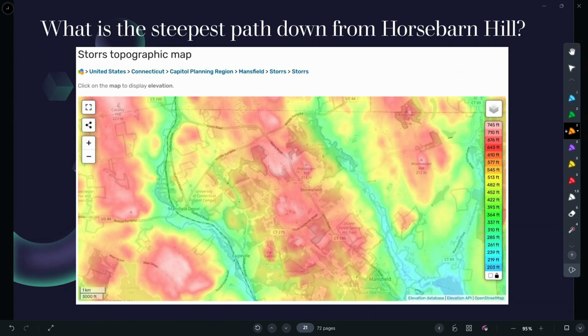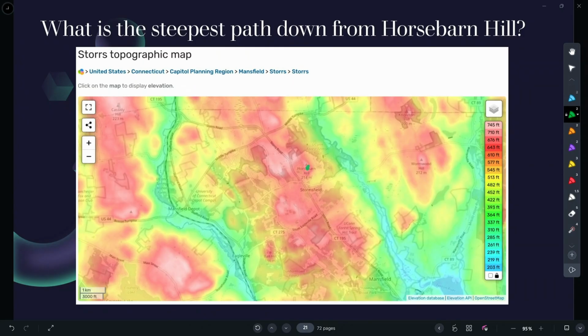Why? Because, for example, if you're on Horsebarn Hill, which seems to be right here, the highest point, and you're going to sled down, then you want to figure out where is going to be the steepest descent.